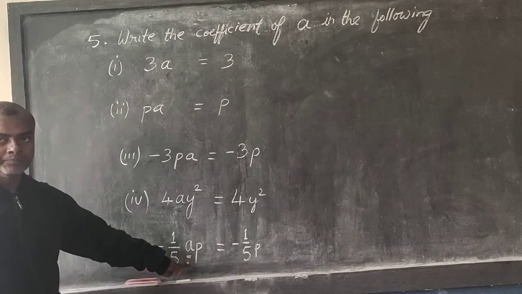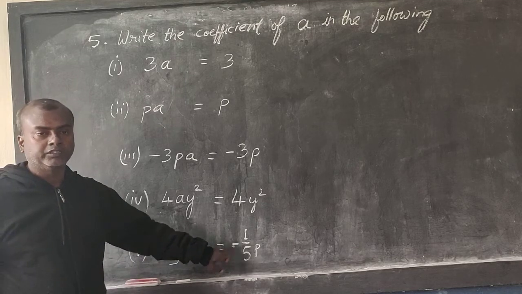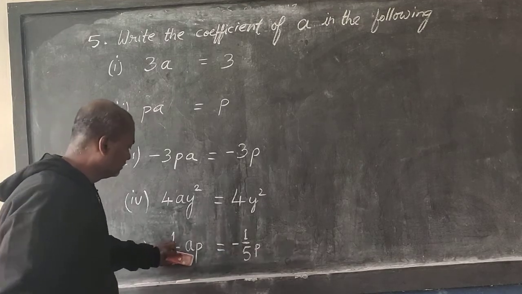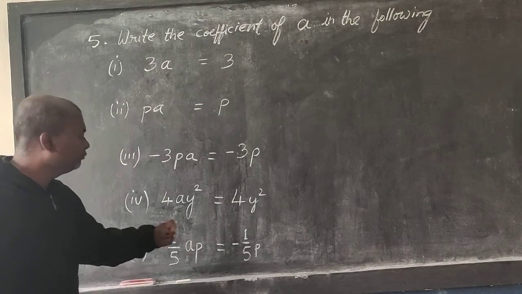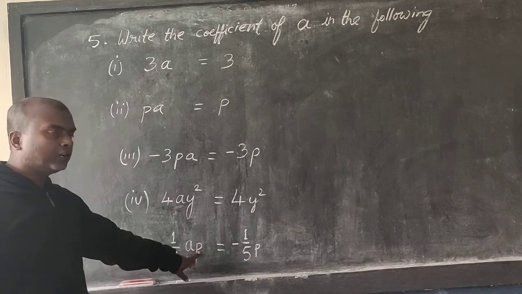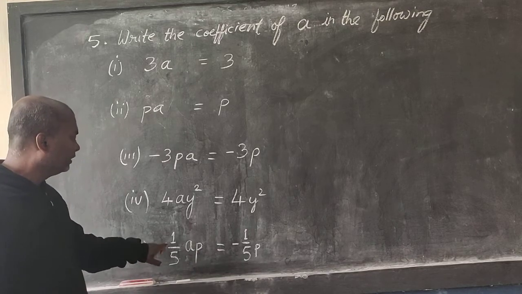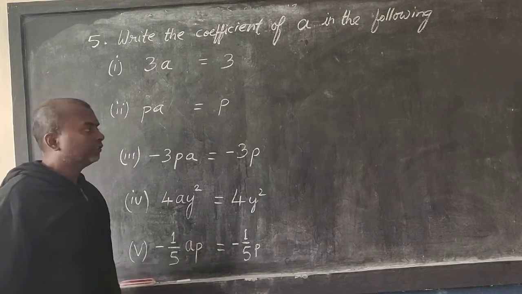Leave out A and the rest of the terms, they are the answer, they are the coefficient. Okay? Suppose in this case, if I would have asked you coefficient of P, then you would have left P out and then minus 1 by 5A would be the coefficient of P.